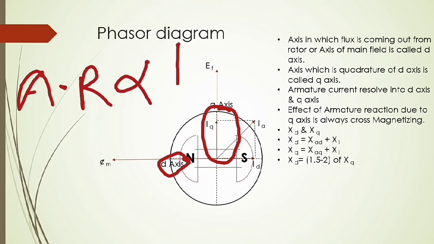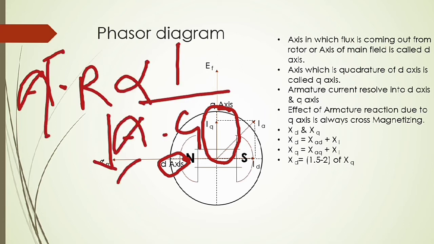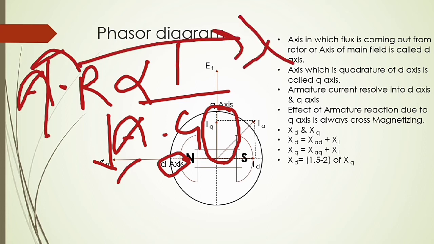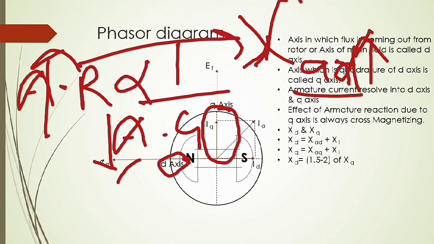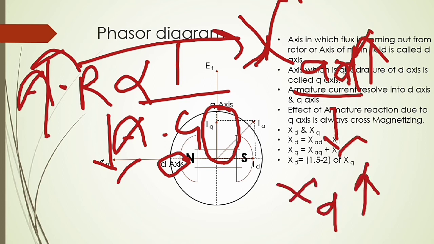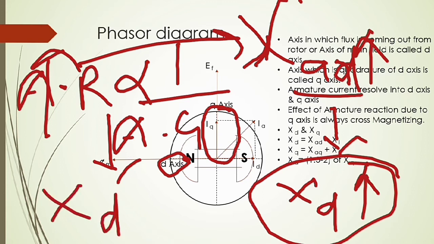So if the air gap is small, armature reaction is large, so armature reaction reactance is large. Xad is large, so Xd is large. In this way we can say Xd is larger than Xq.